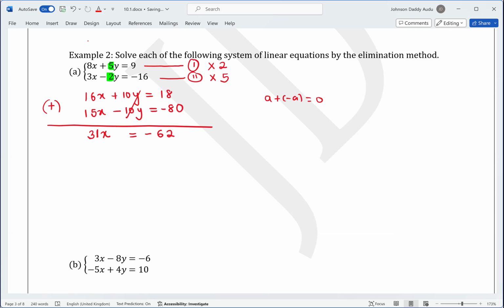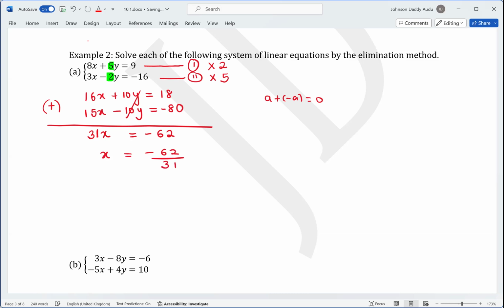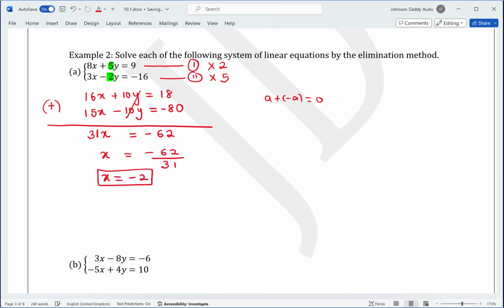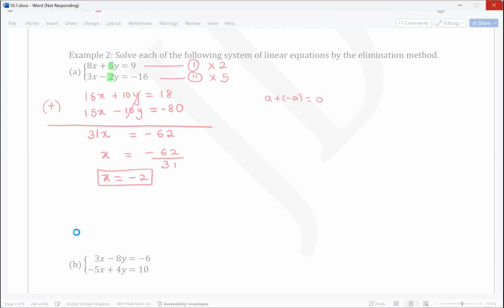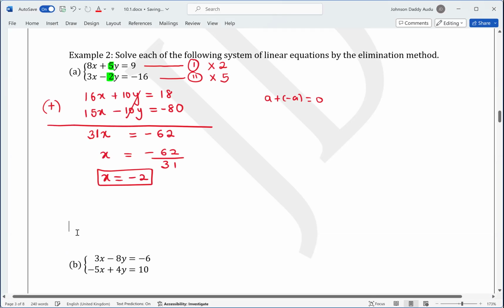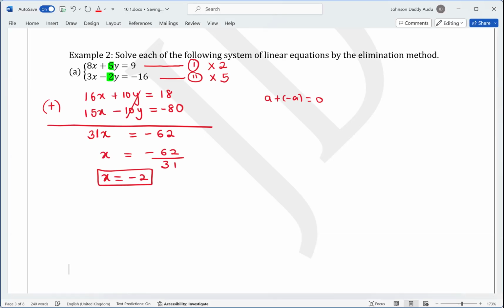Now you can see we can solve for x easily. So x is just going to be minus 62 divided by 31. So x is minus 2. Okay. So now we can solve for y. Having gotten x, we can easily solve for y by using any of the equations we like.